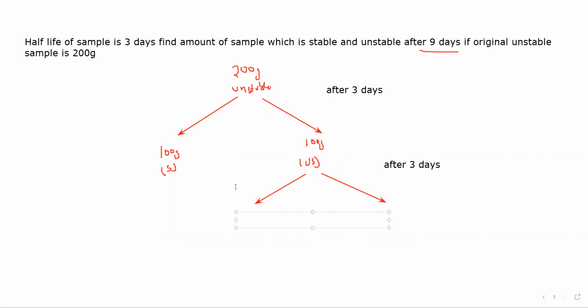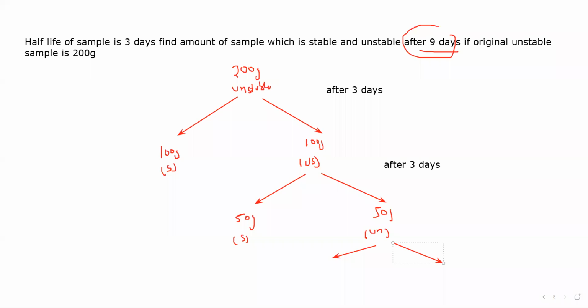So this will be 50 grams stable and 50 gram unstable. Then we have to find after total 9 days. So 3 plus 3 makes 6 days. If it further decays after further 3 days, that will make the total interval 9.